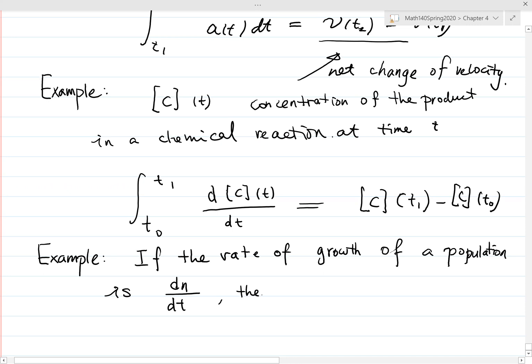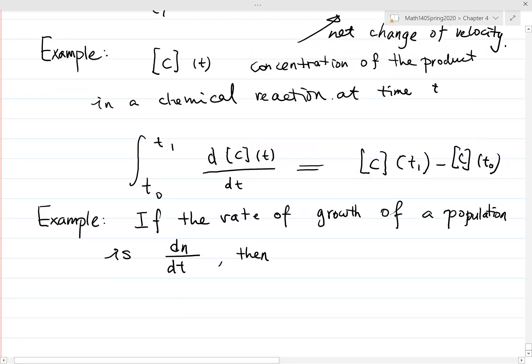Here, although the population is not continuous, instantaneous derivative doesn't make sense, because it's not continuous. You cannot see 1/3 of a person, a fraction of a human being. It doesn't make sense. However, we can roughly view it as a continuous function if we study a large population.